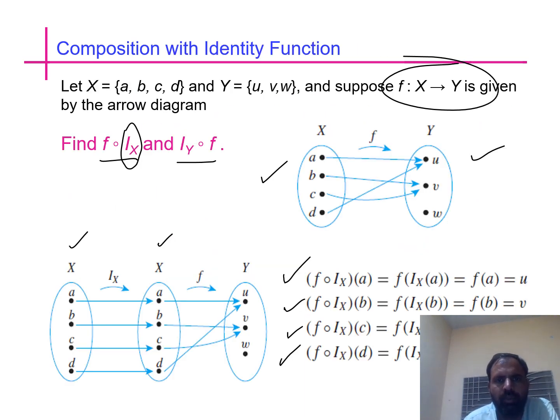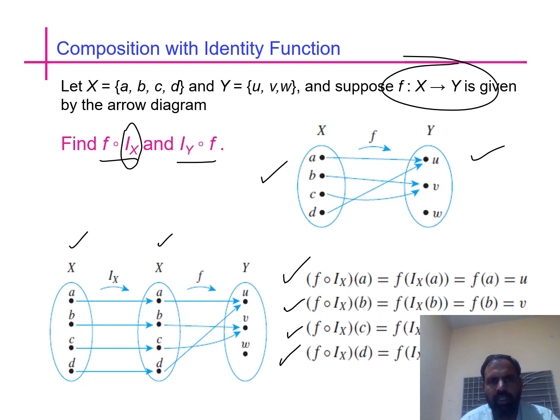Let X be equal to {a, b, c, d} and Y be equal to {u, v, w}, and suppose f from X to Y is given by the arrow diagram. We find f circle I_X and I_Y circle f, which are the compositions with the identity functions.